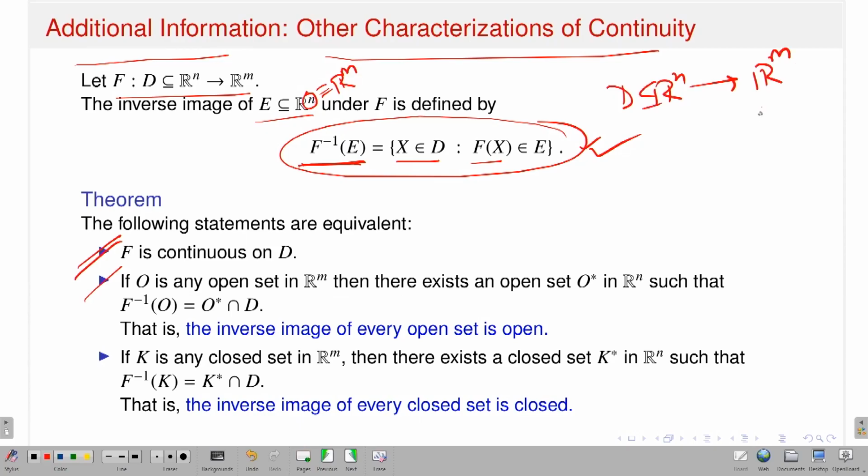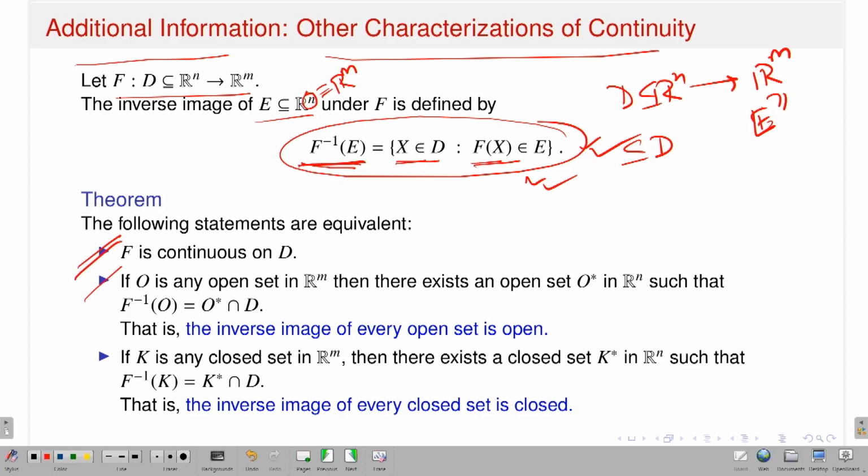So I am considering a set E in the range, or in the codomain. Then I am trying to define a set in the domain. That means this is F inverse of E, which is the collection of all those x such that F of x is in E. So this is a subset of D. So given a set in the codomain, I am defining a set in the domain, which is nothing but the inverse image, and that I have defined.